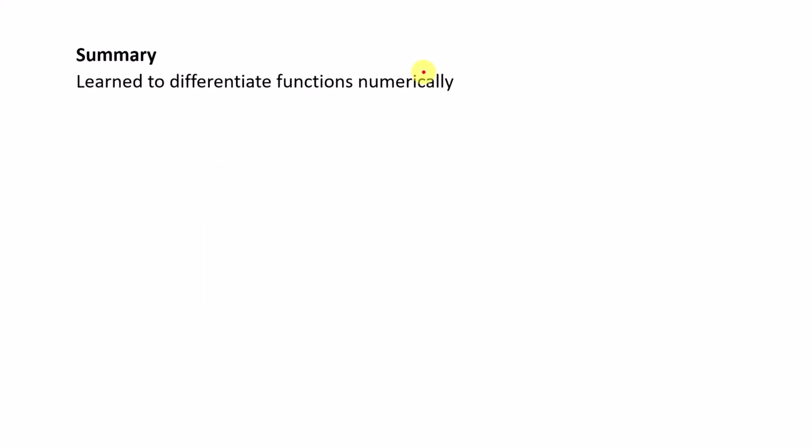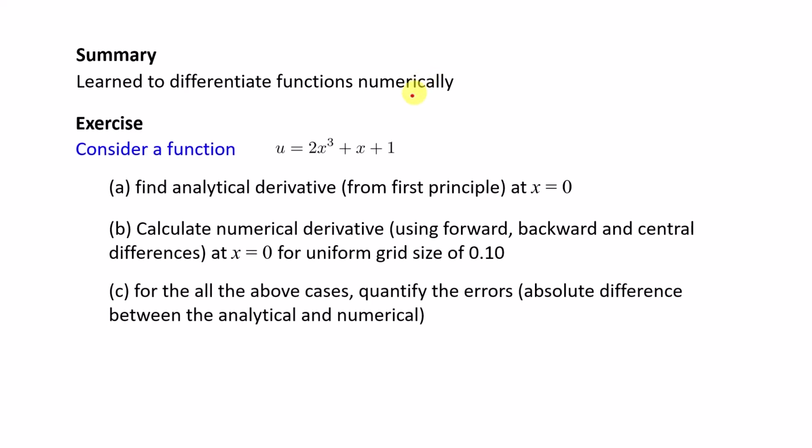So we have now learned at least to differentiate functions numerically. For your exercise, you do a very similar problem to the one we have just solved. Here you take u equals 2x cubed plus x plus 1. First you find the derivative analytically from first principle, means evaluate the limit and find the derivative.